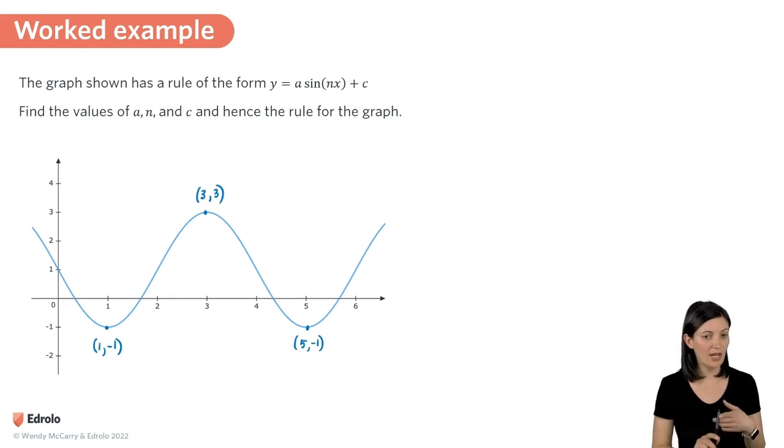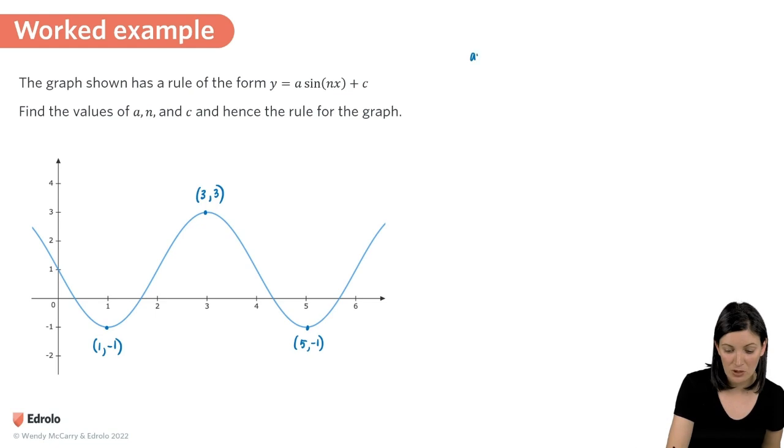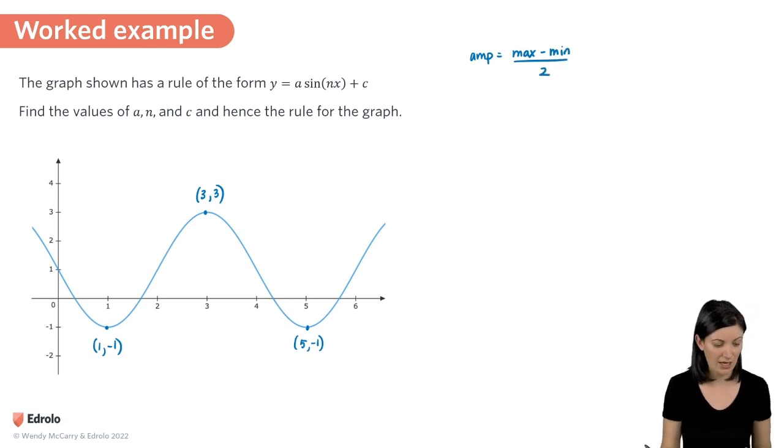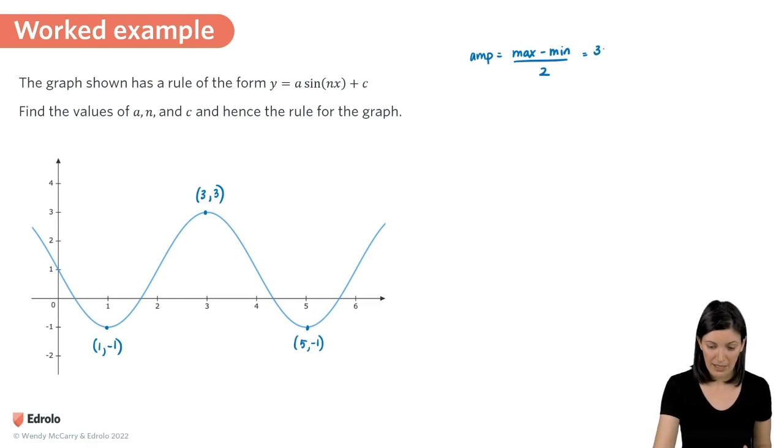So this is going to help us to, first of all, determine the amplitude. Remember, the amplitude is our maximum minus our minimum divided by 2. My maximum value here is 3, minus my minimum of -1, divided by 2. That's 4 divided by 2, which is 2.